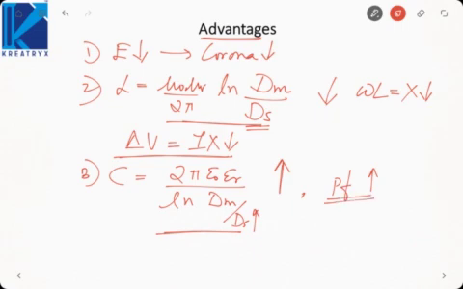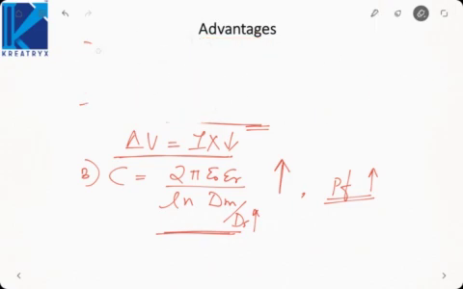Higher the capacitance, better is the power factor. Though there are disadvantages also of increase in capacitance, the thing is line charging current also increases. We will see when we study the performance of line what is the line charging current. But for now, just understand that line charging current also increases, which is undesirable. But power factor improves, that is desirable. So this is an advantage as well as disadvantage.